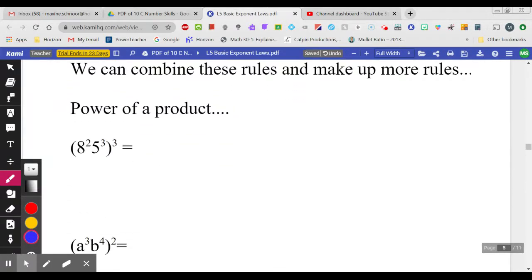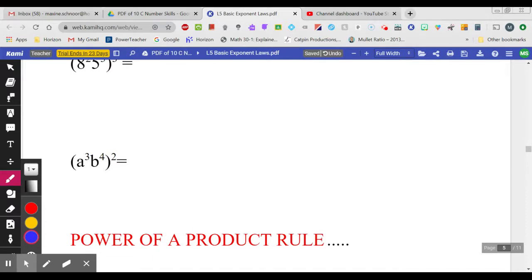So power of a product, what this one means is, let's just look at this letters example here. So we've got a cubed times b to the 4th all squared. So you'll notice you've got different bases. So I'm just going to rewrite out my bases, because remember, bases do not change. Here I've got powers touching, and here I've got powers touching.